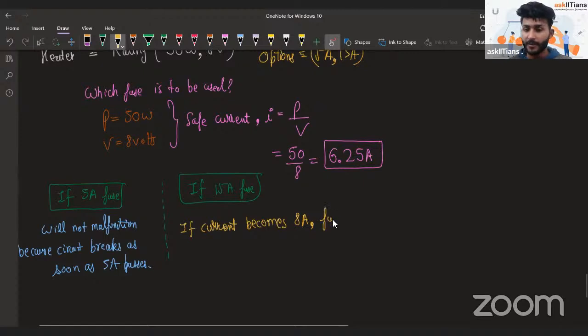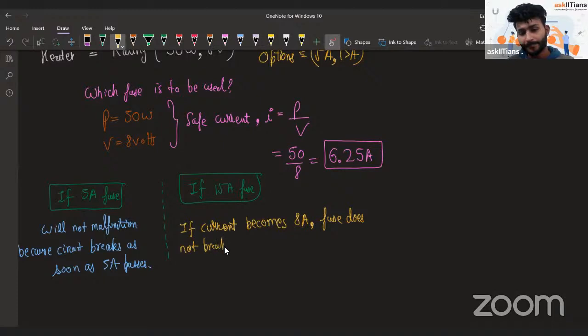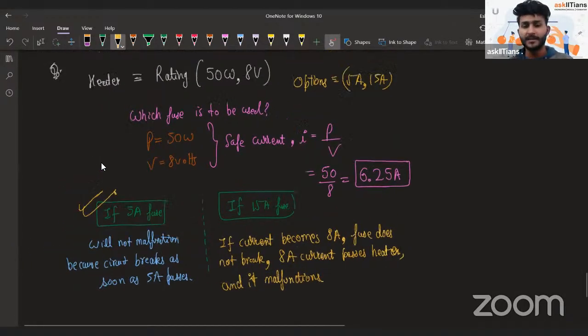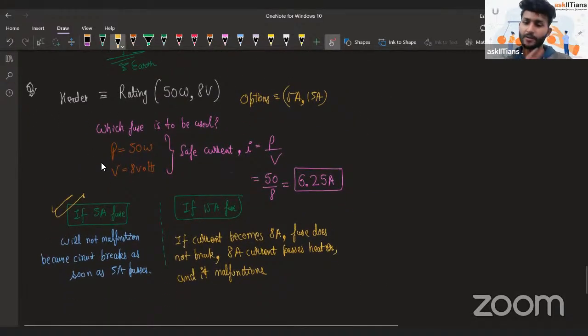The fuse will not break, and 8 ampere current passes through the heater, which is not wanted, but it just happens, and it malfunctions. So that is why we're going to use the 5 ampere fuse. That is going to ensure that the heater is safe.